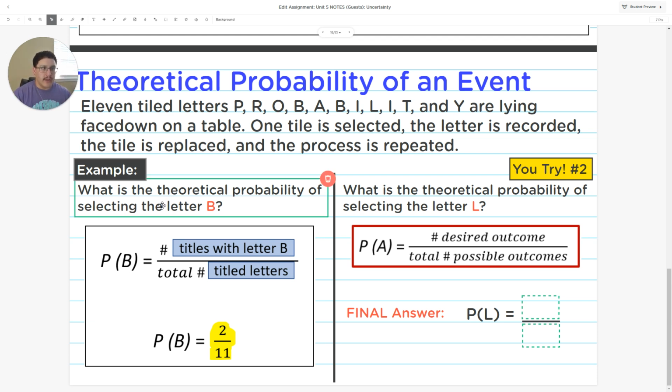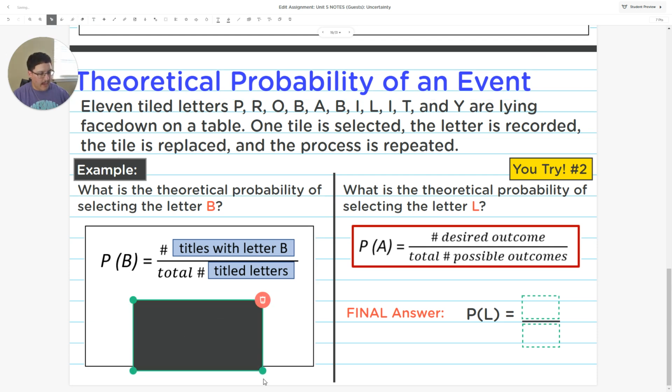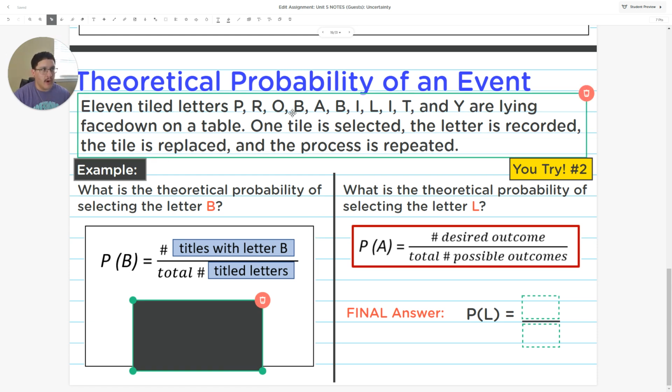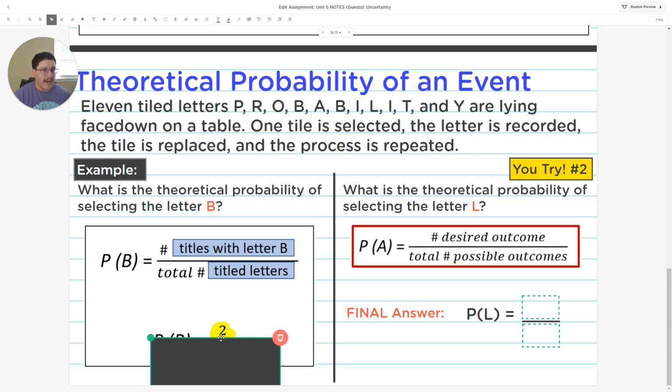So theoretically, what is the theoretical probability of selecting the letter B? First, we need to figure out how many tiles have the letter B. If we look through the word probability, there are 2 B's. So that's the amount of desired outcomes.